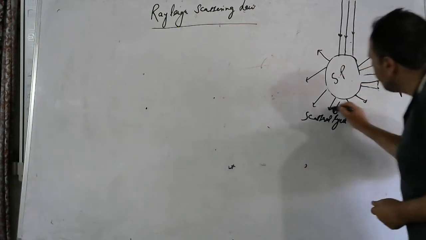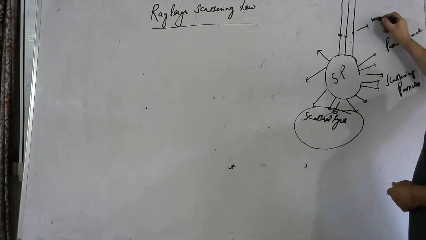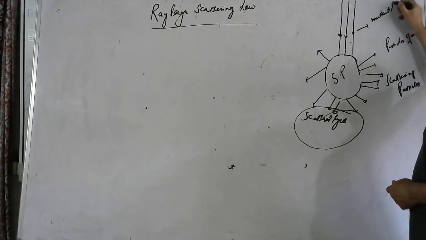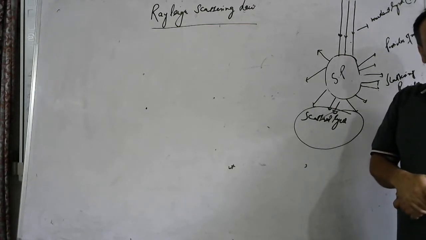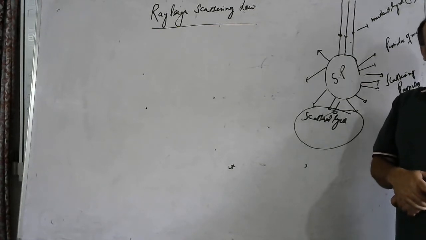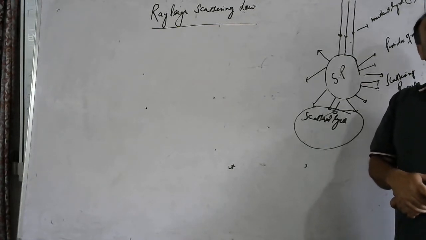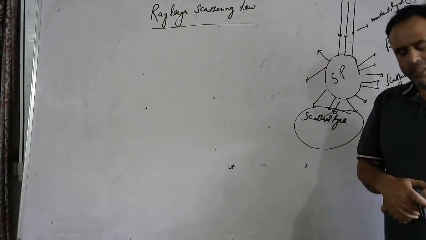What is this light? This is scattered light. This is what light? Incident light. Suppose the wavelength of this incident light is lambda. We have read earlier that in case of Rayleigh scattering, the size of scattering particles is very small as compared to wavelength of incident light.